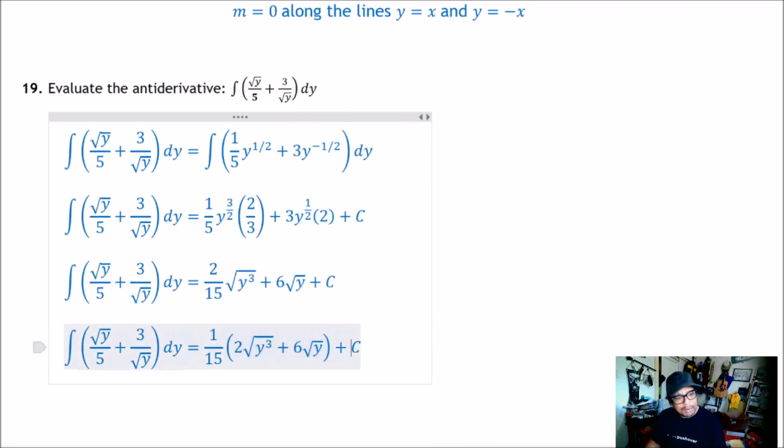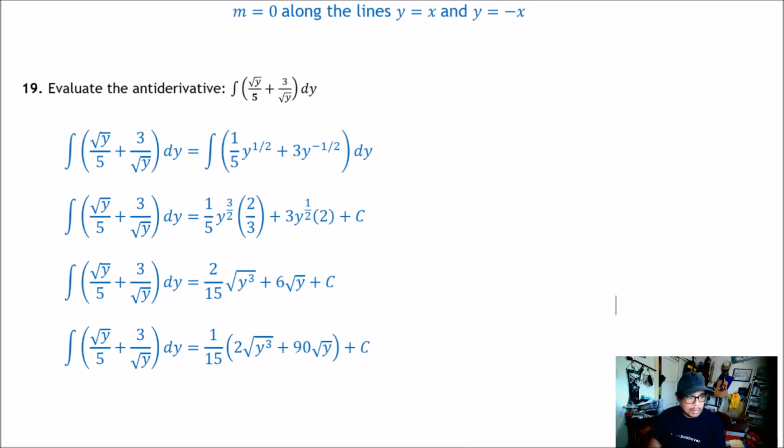If you distribute that 1/15 in there, you can see that 1/15 times 2 is just 2/15. We'd have to distribute it out of this 6 also. So 6 divided by 1/15 is the same thing as 6 times 15. That's a 90. Okay, so that looks pretty good.